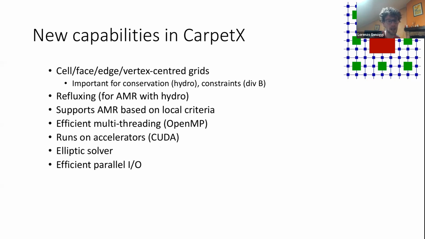So having CUDA support is really looking towards the future. And we will talk about how to write code which is CUDA compatible during the tutorial, which will be in the final part of the day.